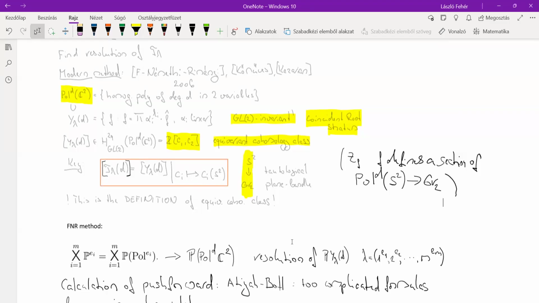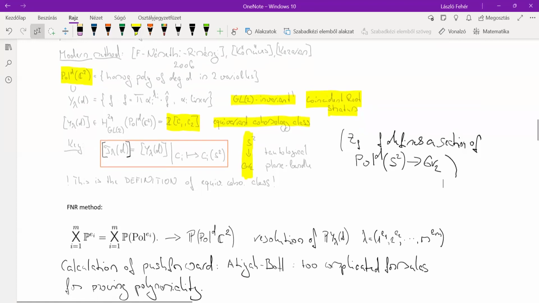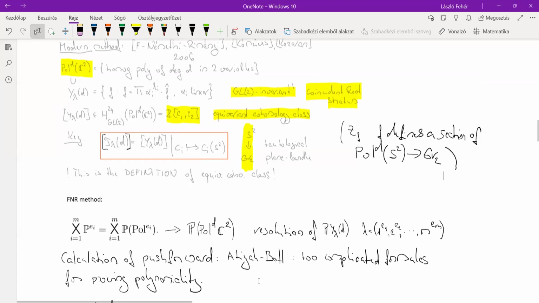So even though in this paper with Richárd and András we managed to prove what we wanted about relations in certain quotient spaces, for proving polynomiality it's just too complicated. So we needed another method.